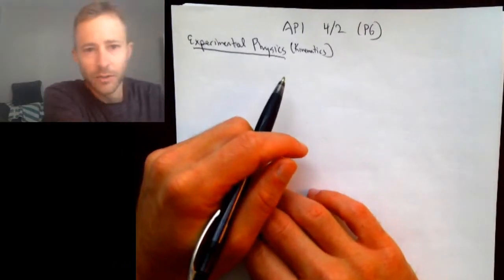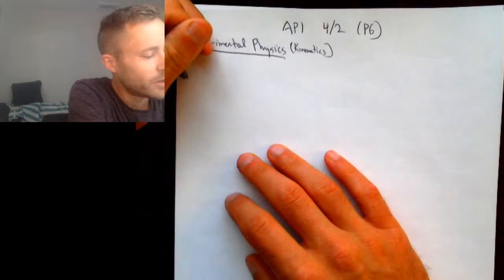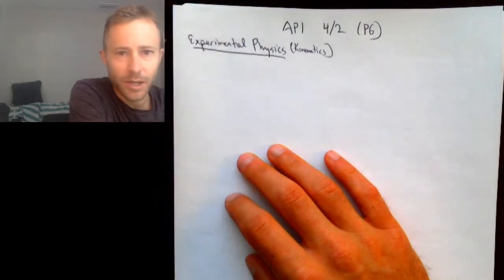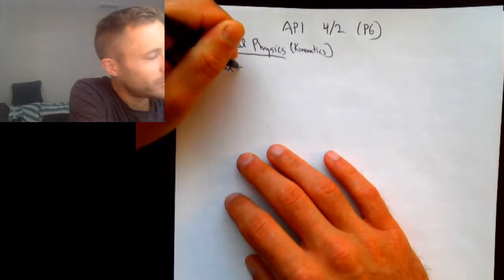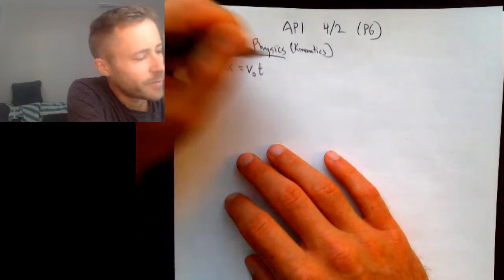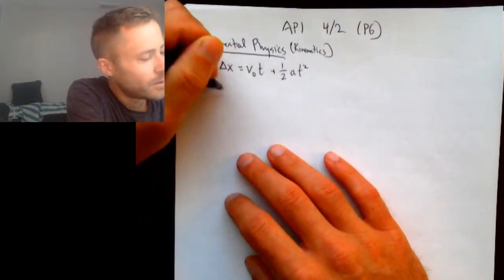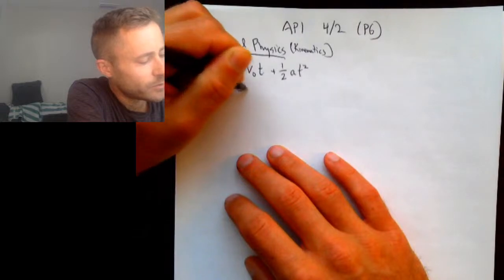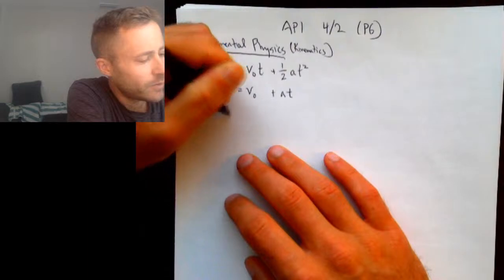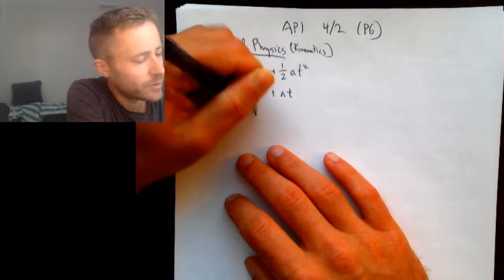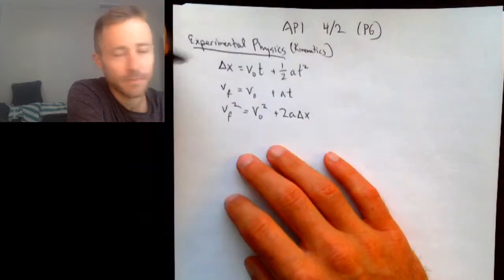I want to remind you that there were three equations used in kinematics very frequently: delta x equals v naught t plus 1/2 a t squared, v final equals v initial plus a t, and v final squared equals v initial squared plus 2a delta x.